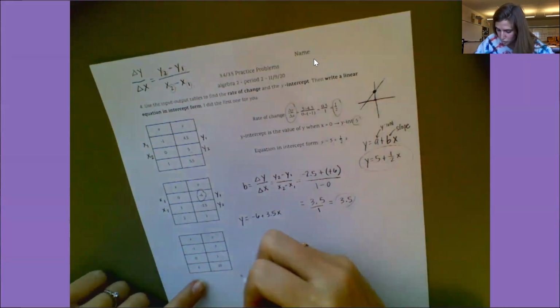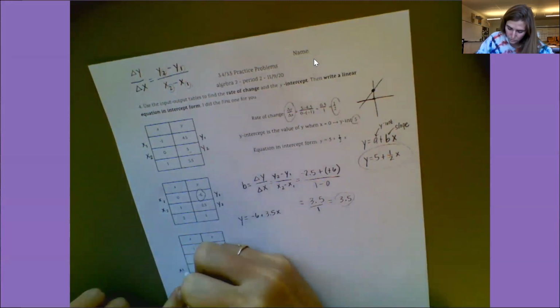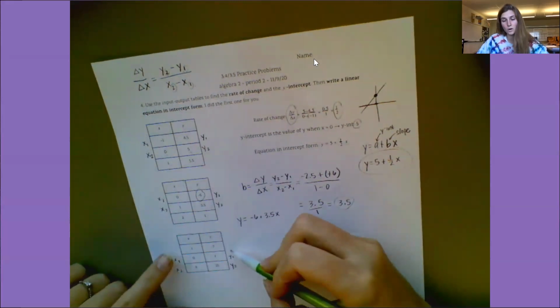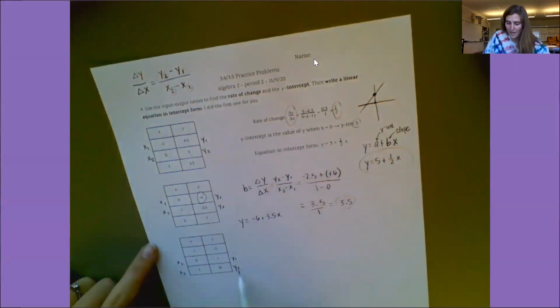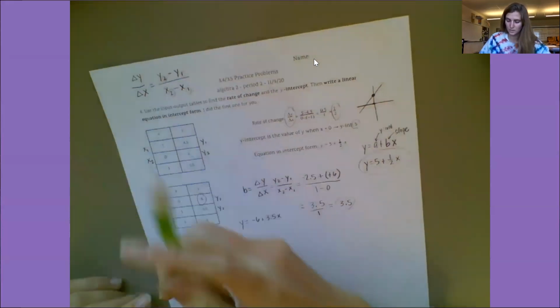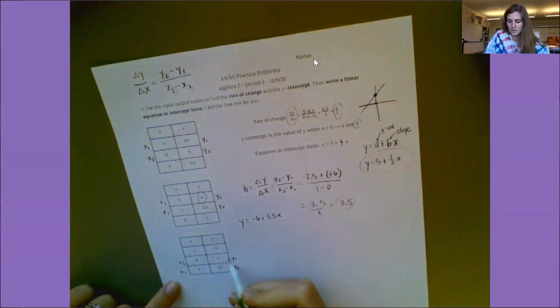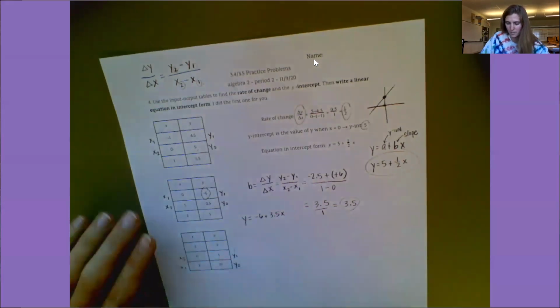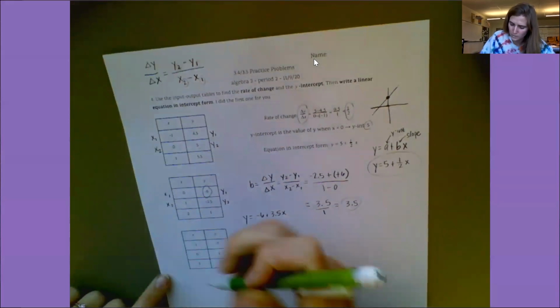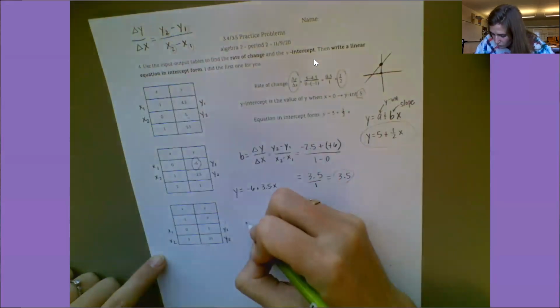Now for this one, I'll choose y2, y1, x2, x1. It doesn't matter which ones you choose, you just want to make sure that the x and y correspond to each other. I couldn't choose y2, y1, and then x2, x1 in the wrong order, because the y1 and the x1 need to correspond with each other. They need to be right across from each other. So this is x1, x2. Okay, so I write out my equation.